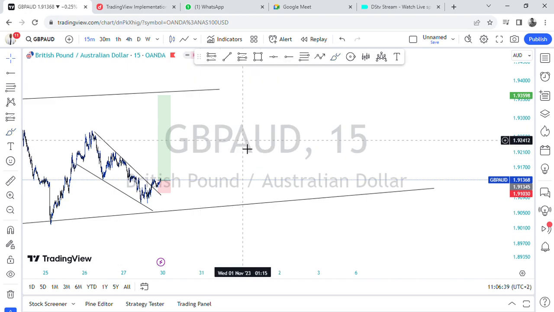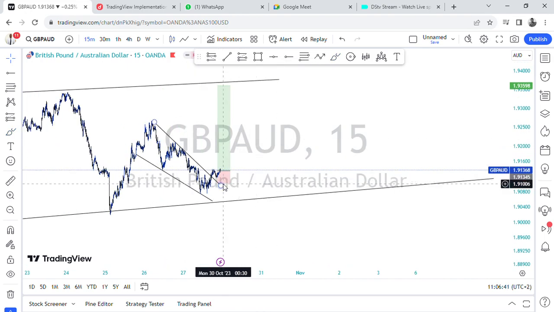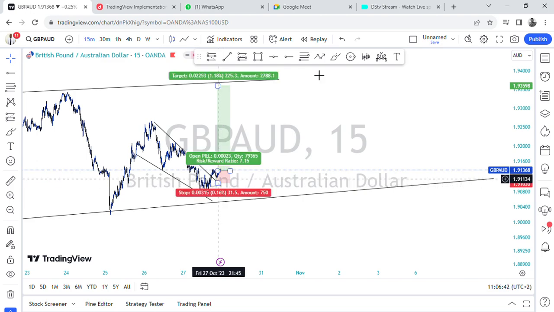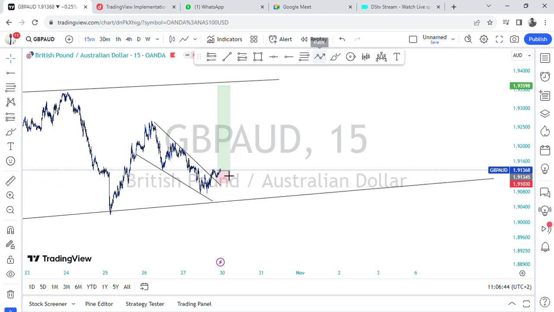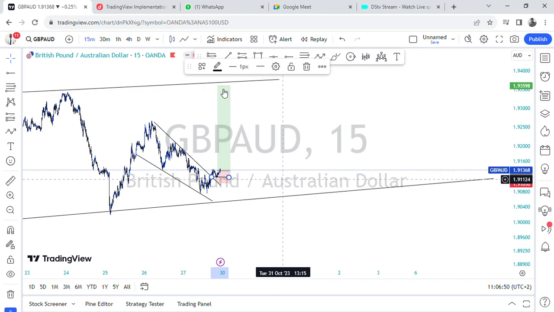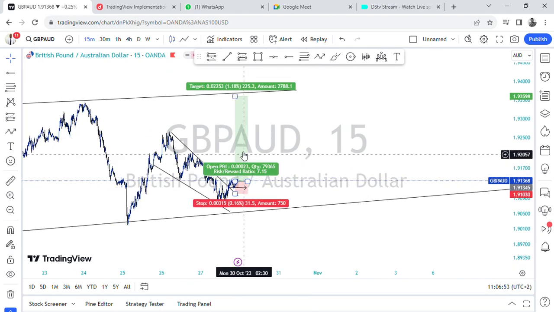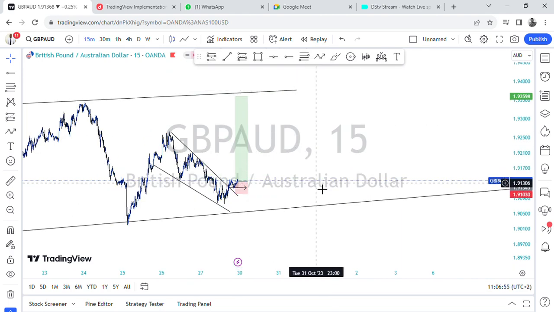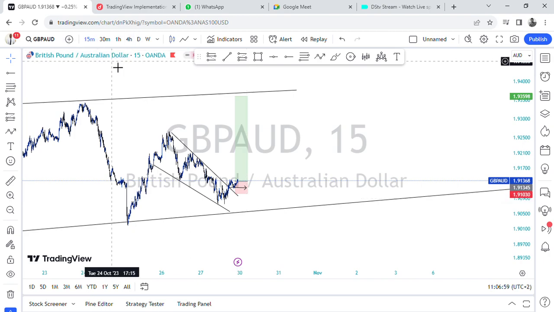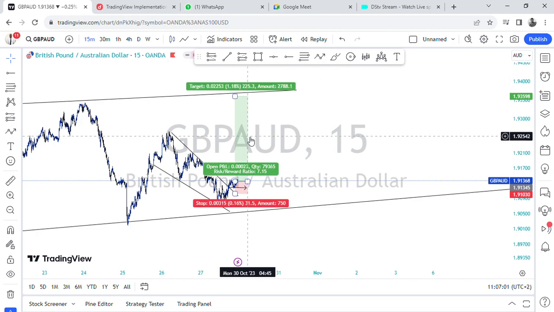When you make this entry, you just have to make sure your stop loss is below this low point here. I think it will be safe. The take profit will be somewhere there, and the risk to reward ratio is 1:7 again. It's something big. There's nothing more that can be said about this pair. It's just straightforward.